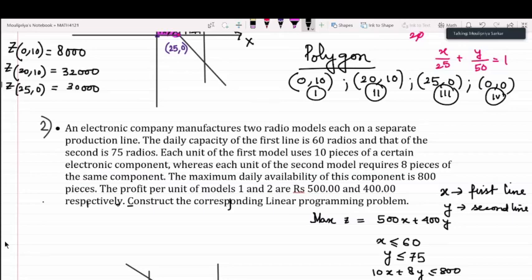So far, do you have any other way of finding the maximum profit without the graphical representation? No, ma'am. So far, what we can apprehend is that the graphical method is the easiest way of giving a solution to the given system. Do you all agree?